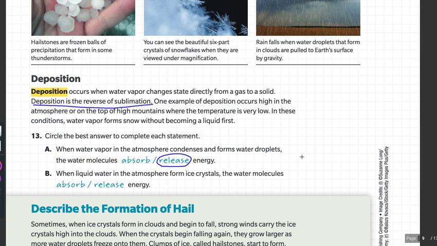So they're losing energy. And when liquid water in the atmosphere forms ice crystals, the water molecules are also releasing energy. Essentially, they're losing their kinetic energy.